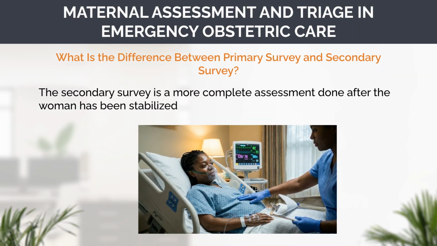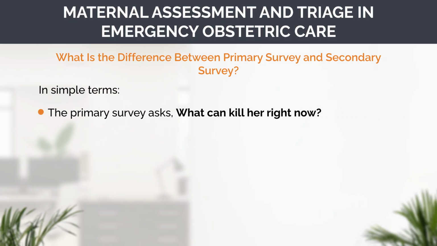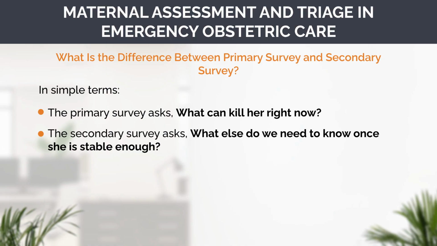The secondary survey, on the other hand, is a more complete assessment done after the woman has been stabilized. To put it in the simplest terms, the primary survey asks, "What can kill her right now?" While the secondary survey asks, "What else do we need to know once she is stable enough?"